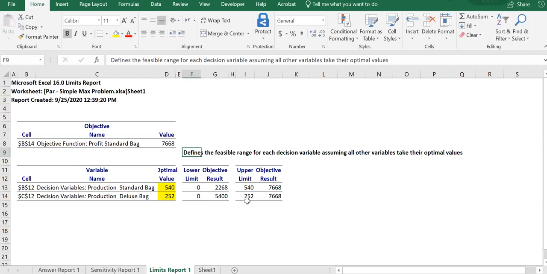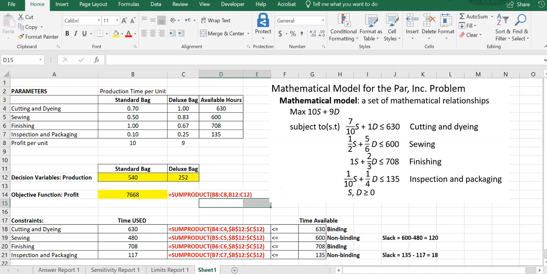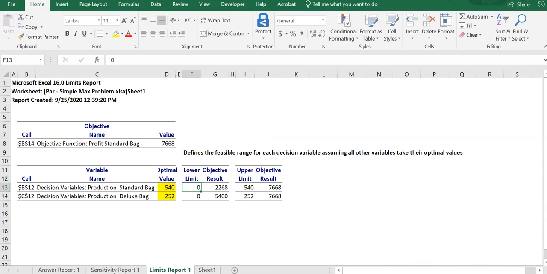If, instead of 540, you go with 0 standard bags, that's still feasible, but then your profit will be 2268. Let's just test that. 0 for a standard bag: 2268. You can see it here. And then you can go all the way to 540, and then the optimal value is 540.